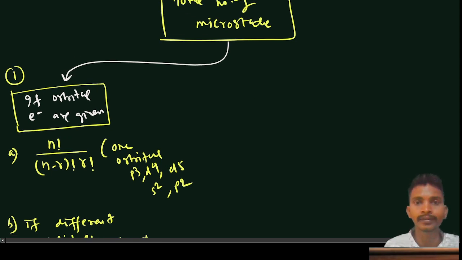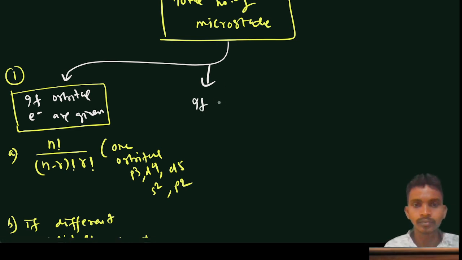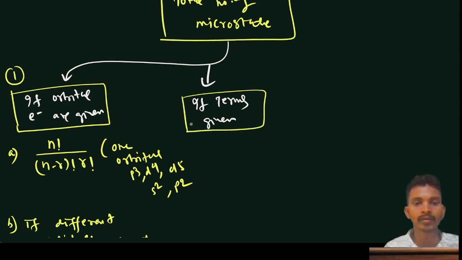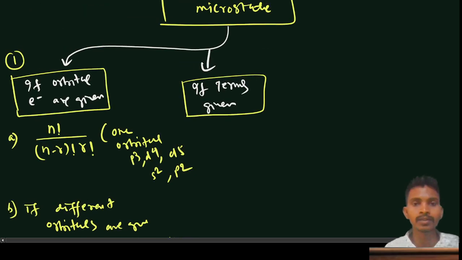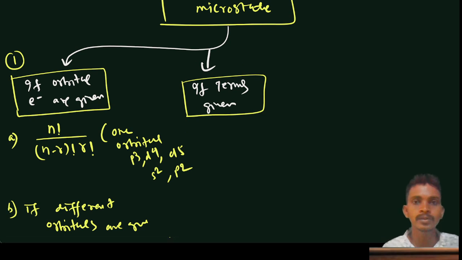Now the next case, if terms are given, then use these formulas. Okay, if terms are given to you and asked to calculate the total number of microstates, in that case what you will do: 2S plus 1, 2L plus 1.